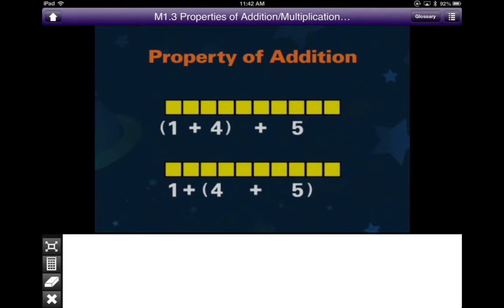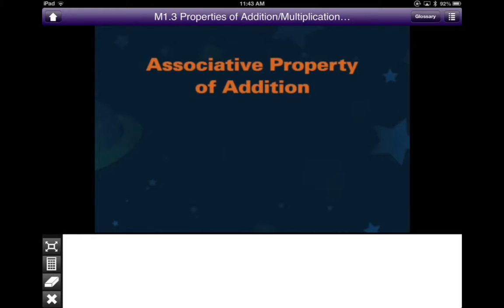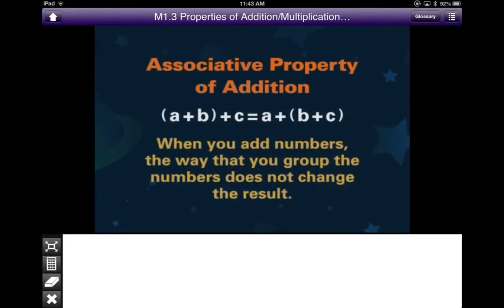What do these models show? The way you group numbers when you add does not change the sum. That's correct. This is the associative property of addition. When you add numbers, the way that you group the numbers does not change the result.